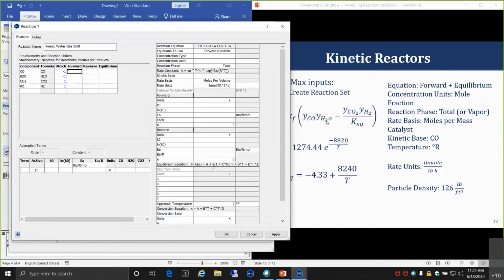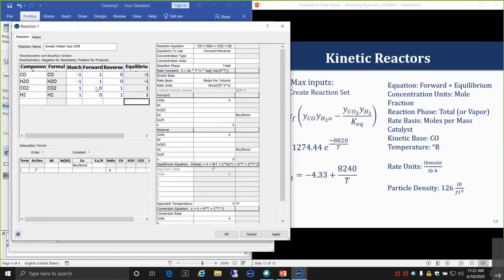So CO and H2O have orders of 1, and the other two are 0. The reverse, our reactants have orders of 0, and the reverse is 1. And so that is the way that we need to set up our forward and reverse reactions. Our orders are based off of what our rate expression is.